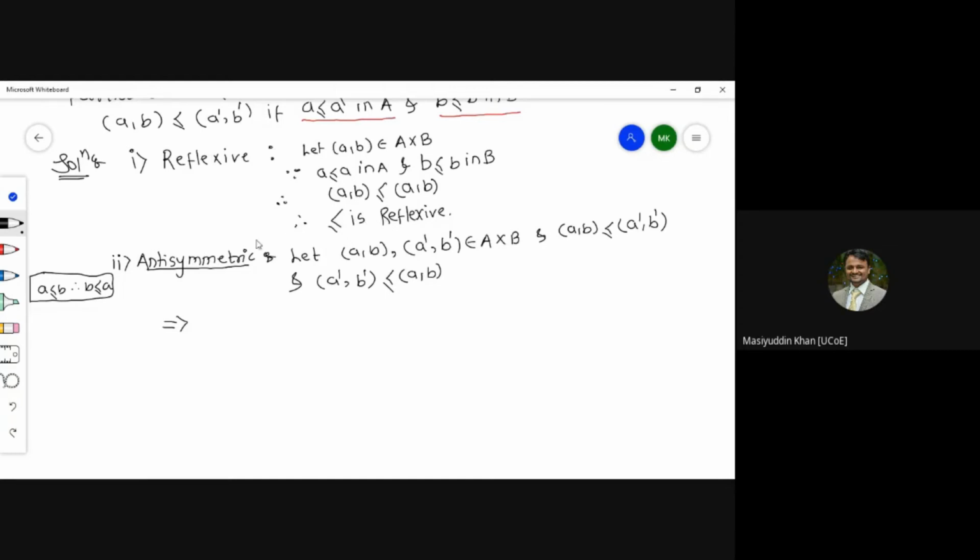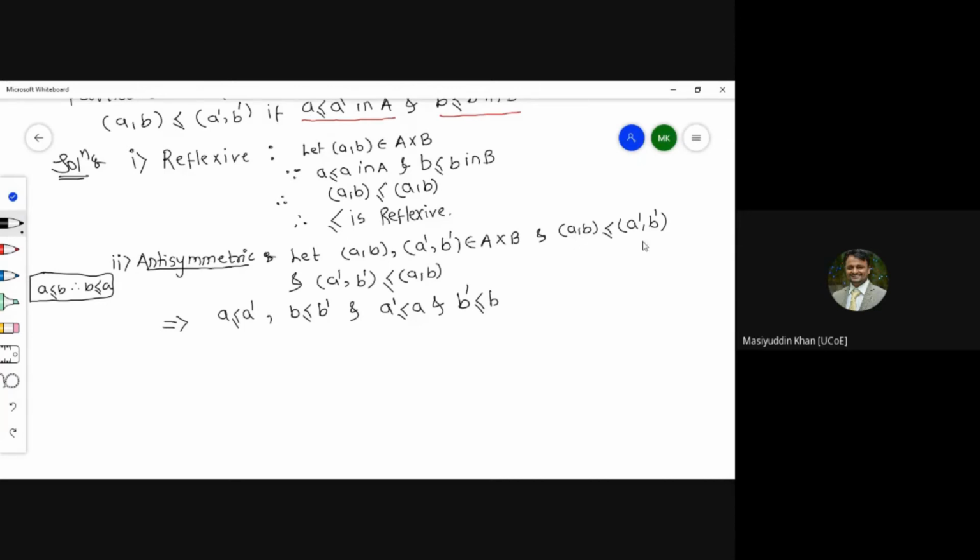So one by one we have to write a ≤ a', b ≤ b', and a' ≤ a and b' ≤ b. By the first condition, (a, b) ≤ (a', b'), it is clearly given that this condition is satisfied.